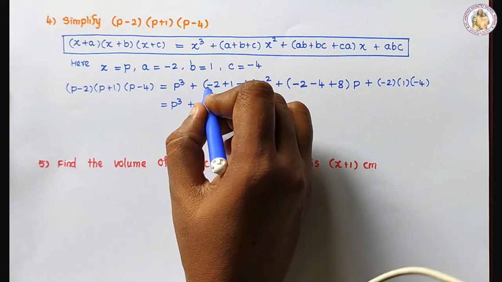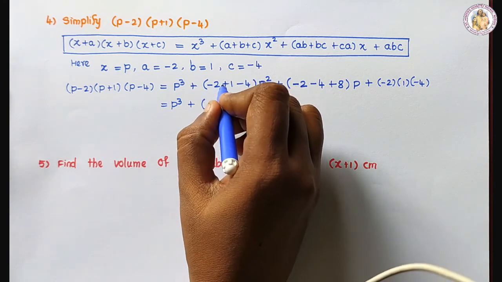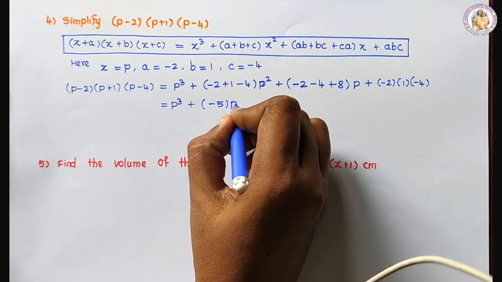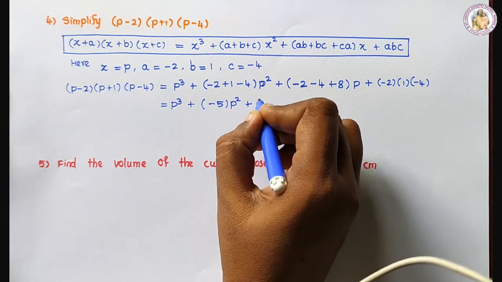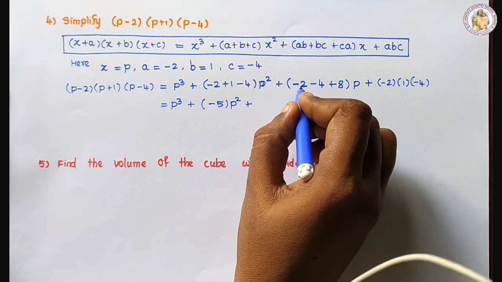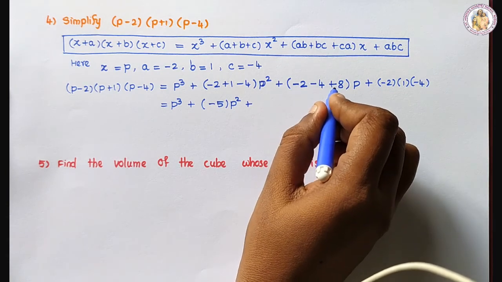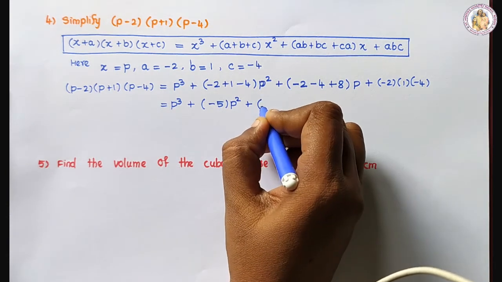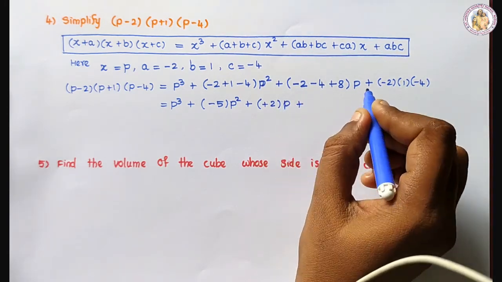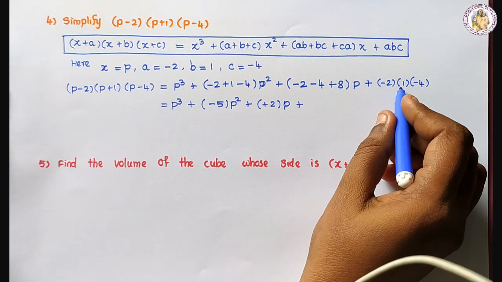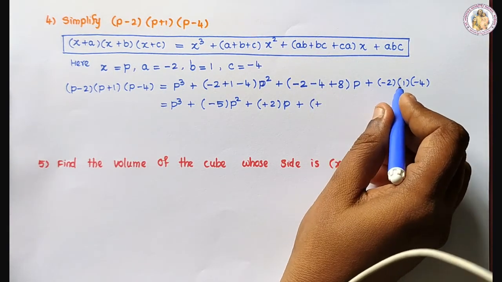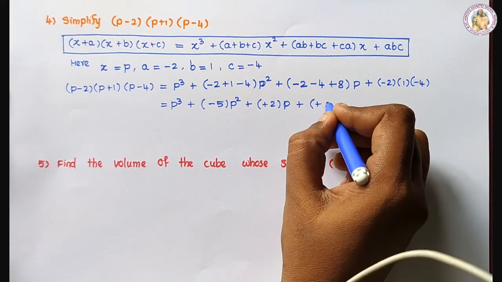Add these minus symbols, that is minus 6 plus 1, so minus 5 we get. p square plus, here minus minus, so add this value with minus symbol, that is minus 6 plus 8, we get plus 2 into p, plus minus into plus, minus, minus into minus, plus 2 into 1 2, 2 4s are 8.